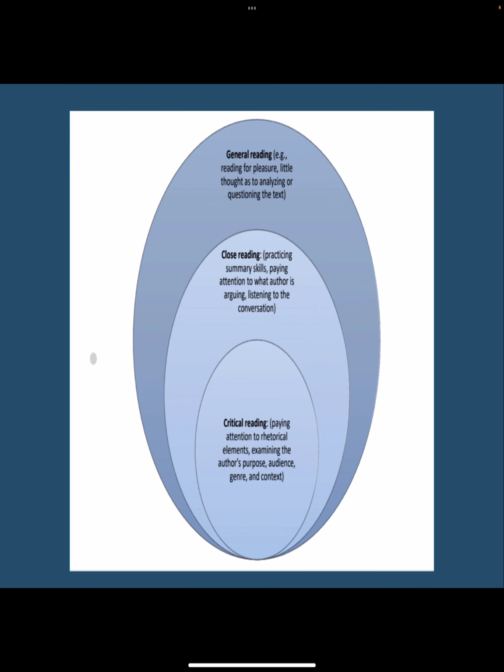This is part of what we call critical reading, right? So starting at the outside of the reading circle, there's general reading for pleasure. You're not really thinking so much analytically, just going with the text. Close reading is when you start to pay attention to what the argument is.